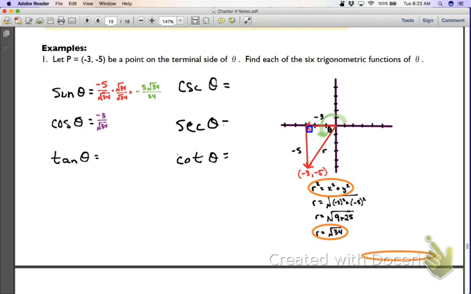It's still going to be a 34 on the bottom side. I still need to rationalize it and have the square root of 34 and the square root of 34. It's still as easy as it was before, and have the negative square root of -3 times the square root of 34 over 34.